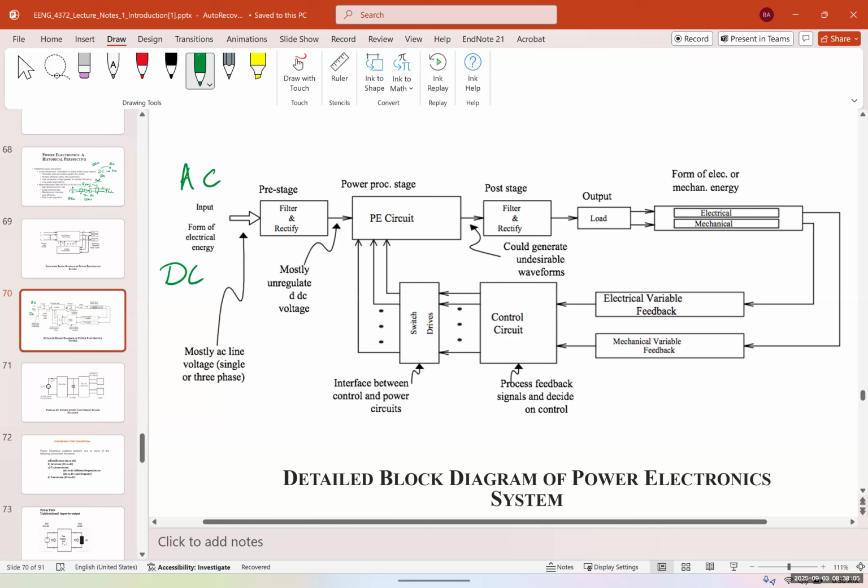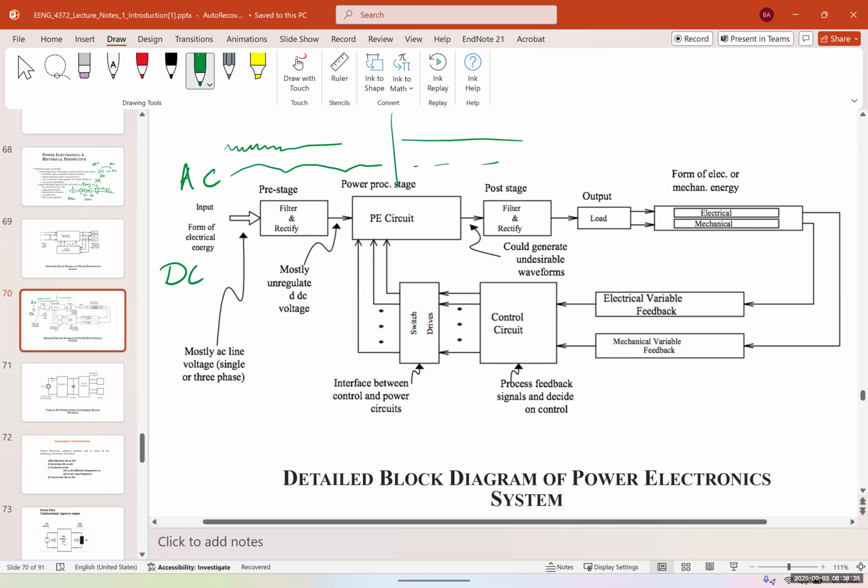Here you can see it's mostly unregulated DC voltage. So if it's a DC that looks like this, or like this, with a little ripple, we want to make it clean, like a flat DC signal.